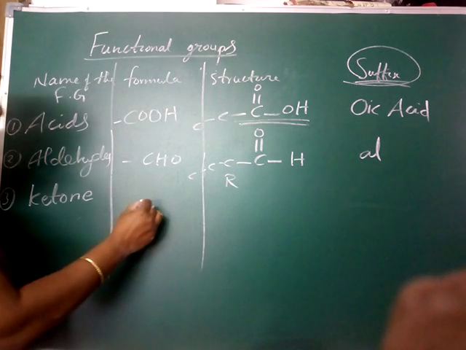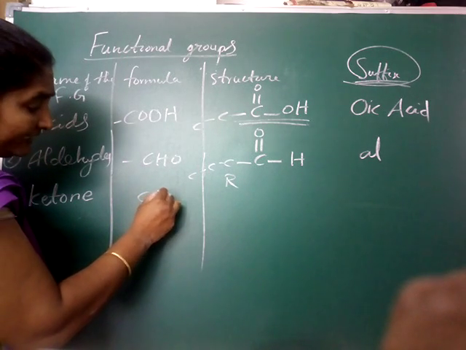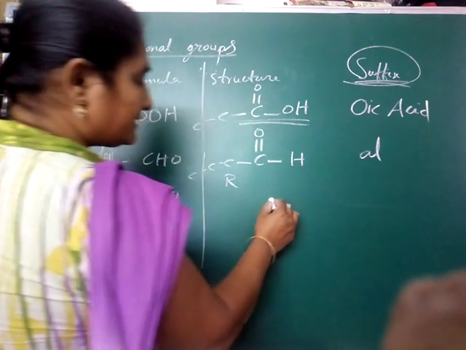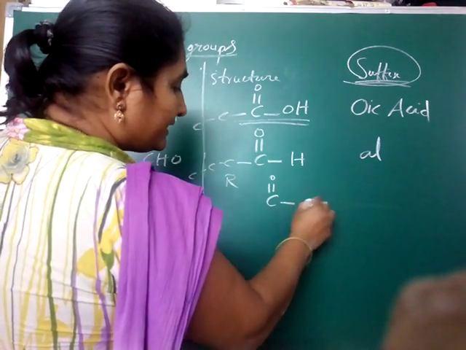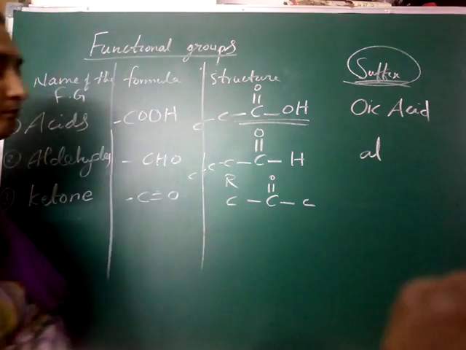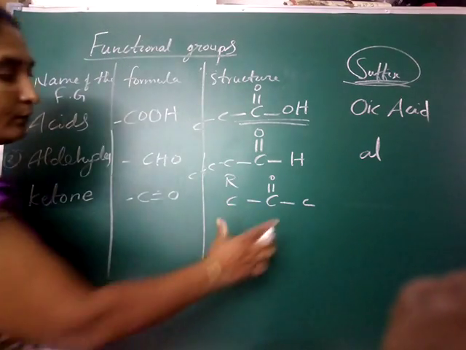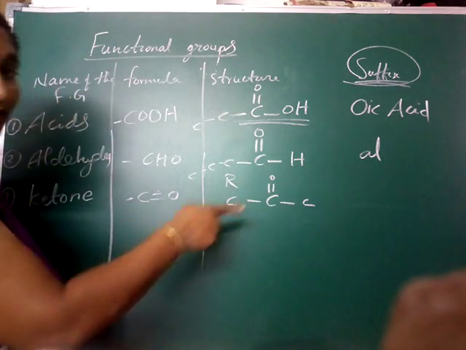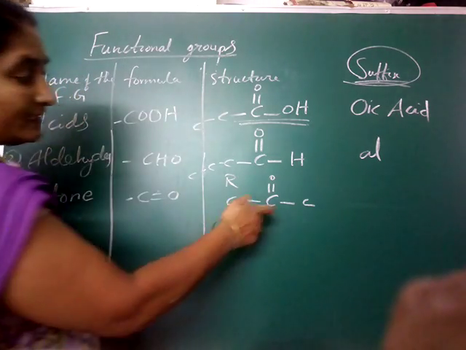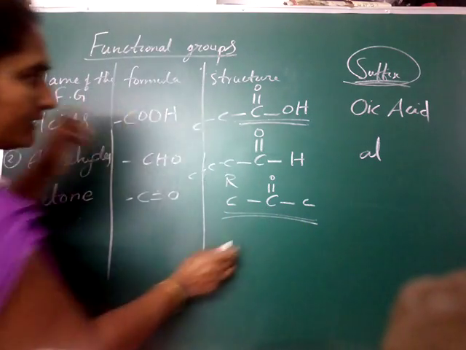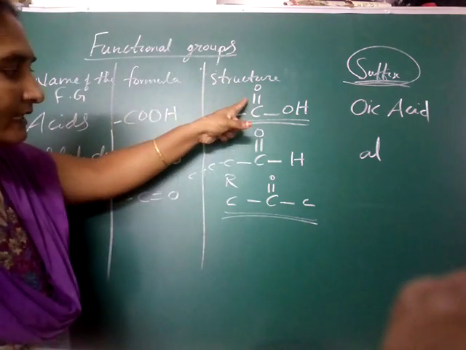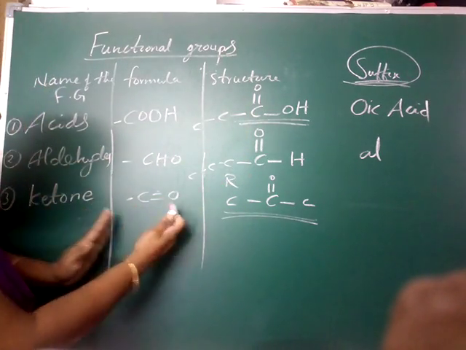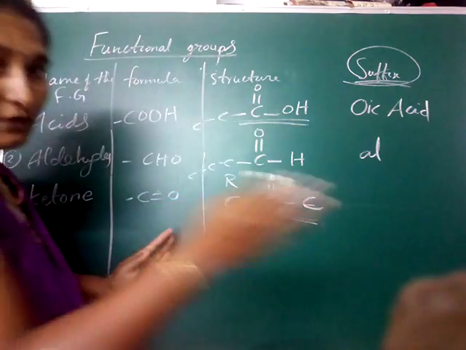Ketones means C double bond O. We write it like this, C double bond O, and on this side also carbon, and this side also carbon, present on both sides of the ketone. Between two carbons only, a ketone will be present. Don't confuse among these three. All have double bond O, but when you take a ketone, both sides there are alkyl groups.